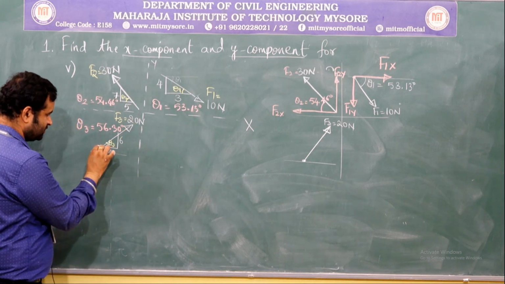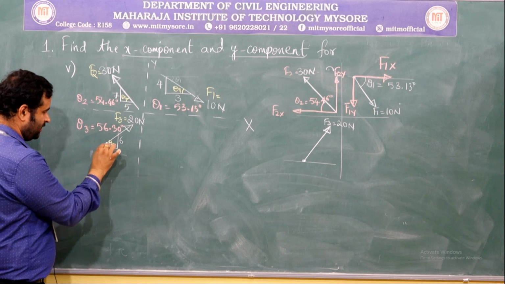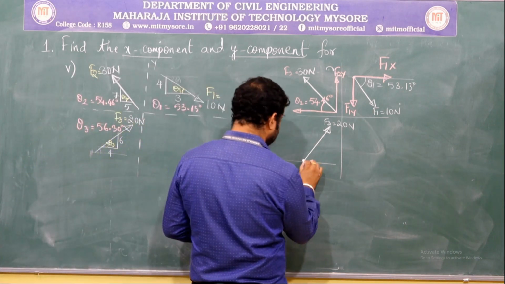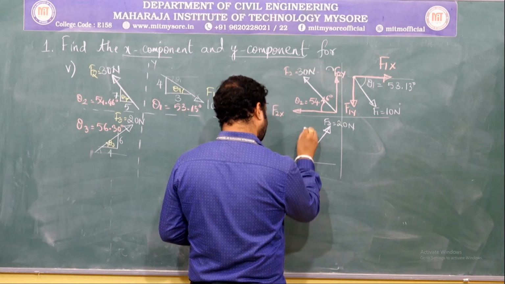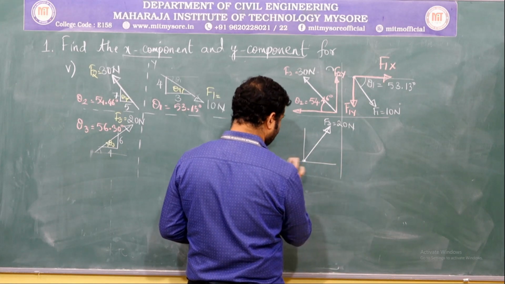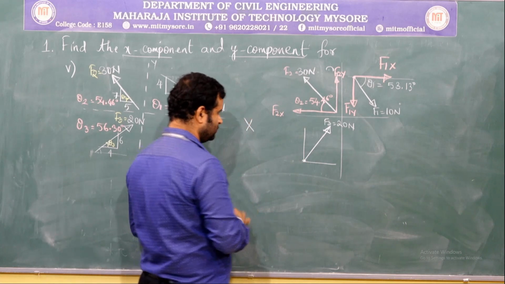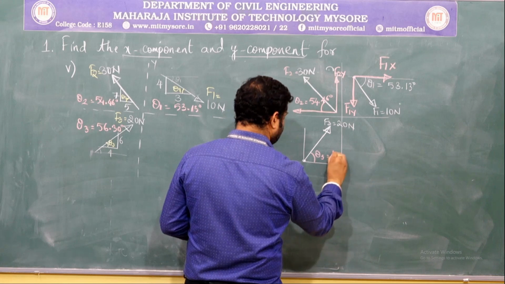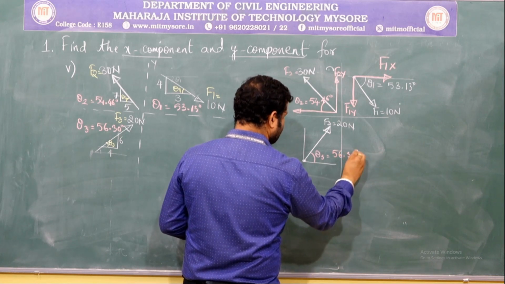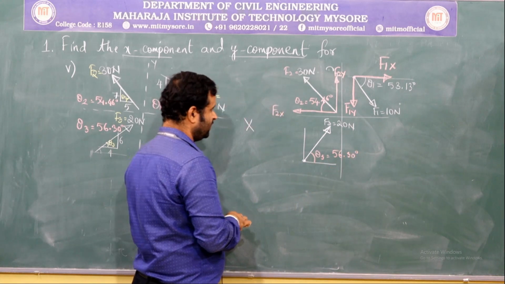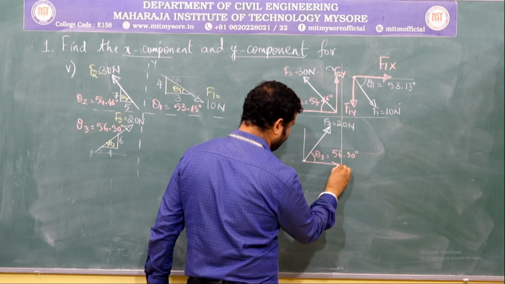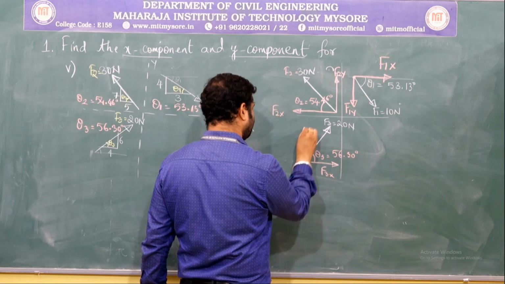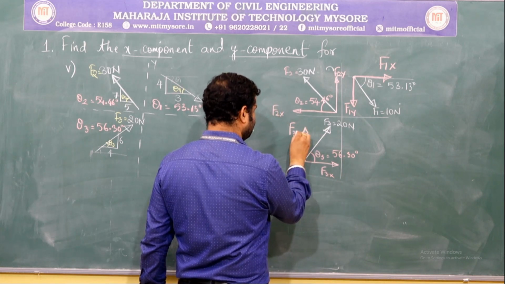So, if you cut a horizontal line here or here, the angle will be same. So, this point will be having its x and y components as shown. This will be theta 3, which is equal to 56.30 degrees. Now, its x component is F3x and its y component F3y.